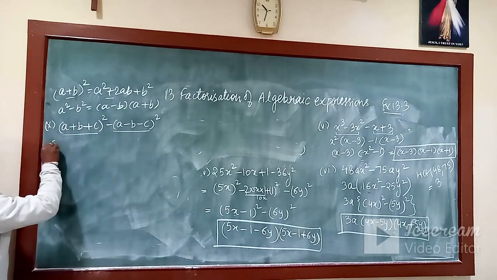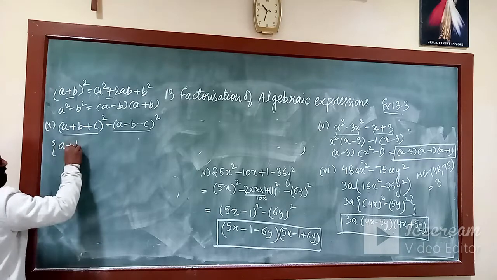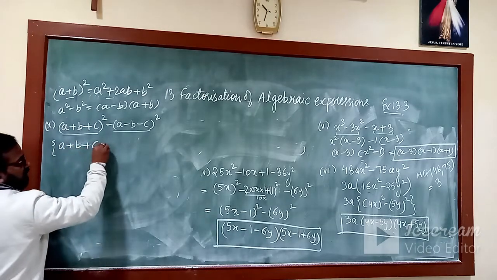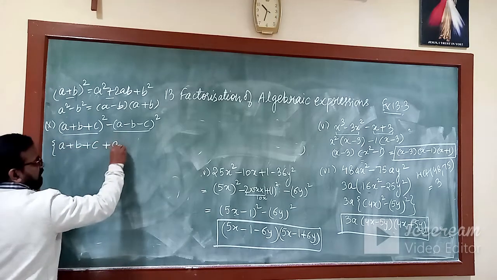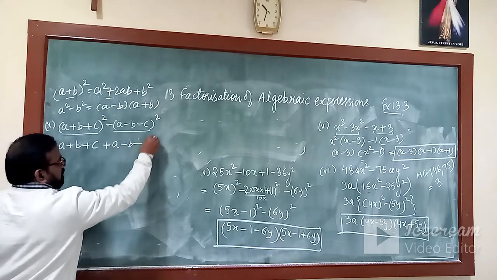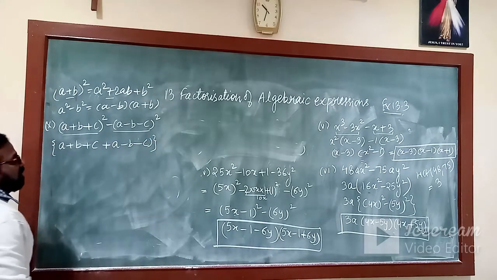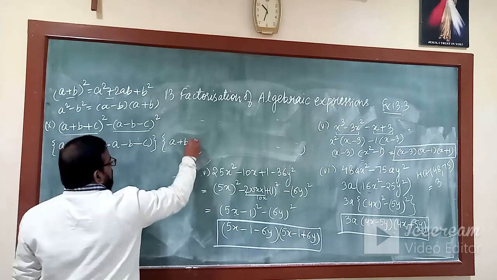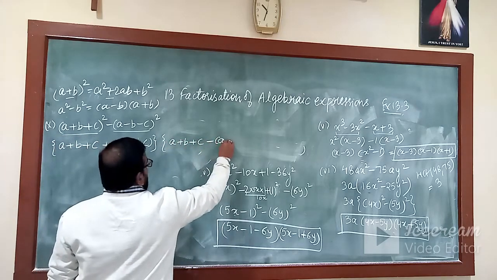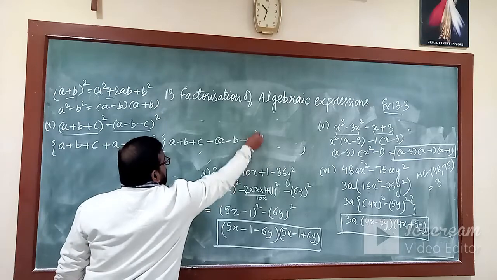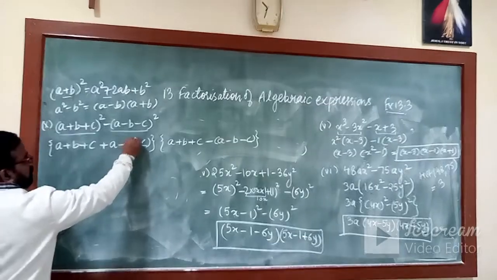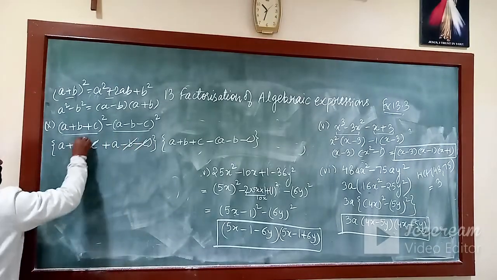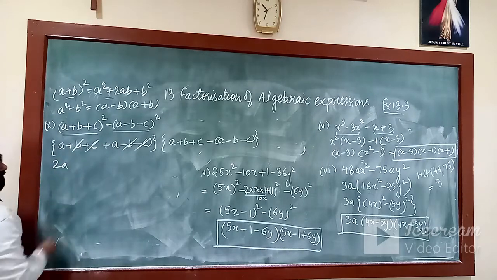So I can straight away write a plus b plus c, this is my a, plus b, that is a minus b minus c, and here also I can write a plus b plus c minus a minus b minus c. So this cancels out, 2a is left.